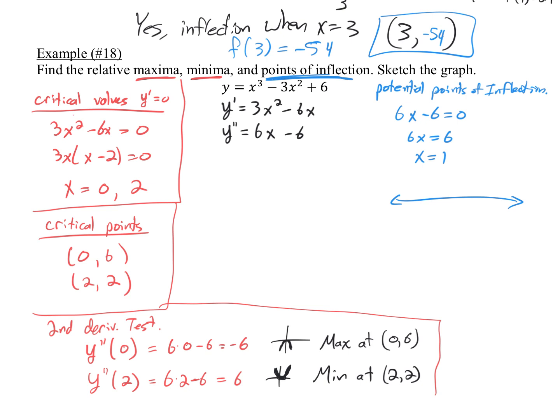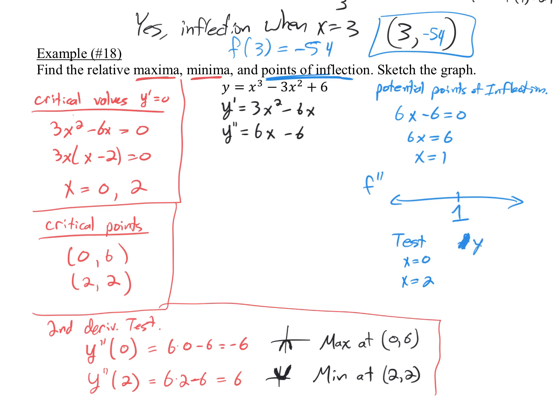So what I'm going to do is draw a sign chart. This is a sign chart of your second derivative, and I'm going to test values to the left of it and to the right of it. Because we have already been plugging numbers into my second derivative, it's not going to be a shocker, I'm going to test x equals 0 and x equals 2, because I already know what I'm going to get.